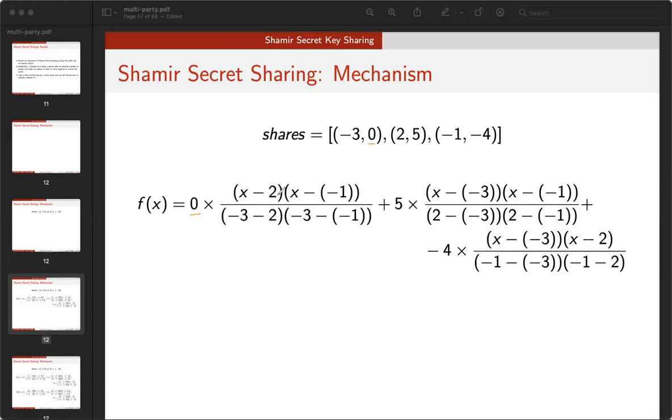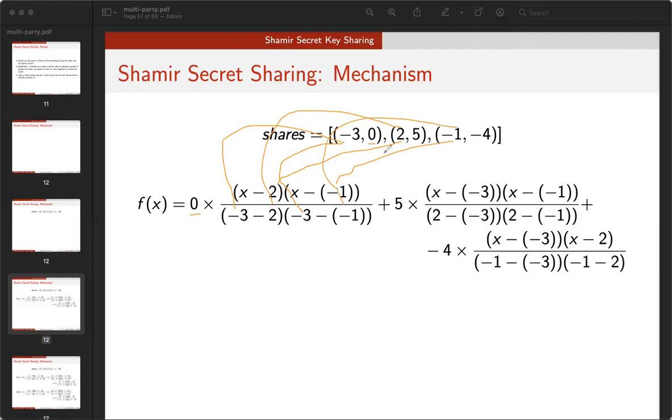Then it's x minus 2, x minus -1, which comes there. Then it goes x1, sorry, x0 minus x1, undo, and so on and so forth.